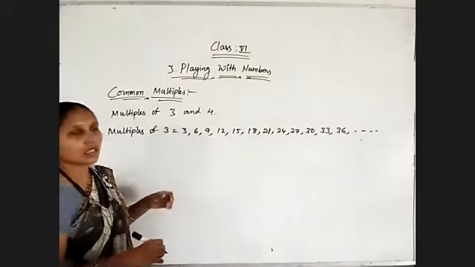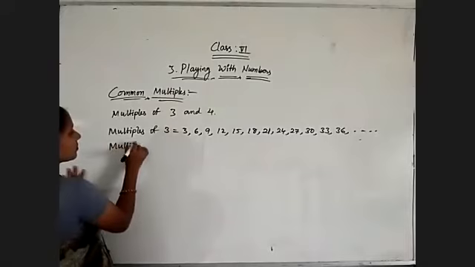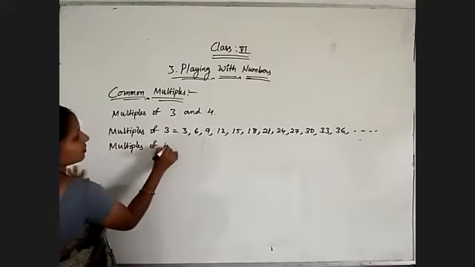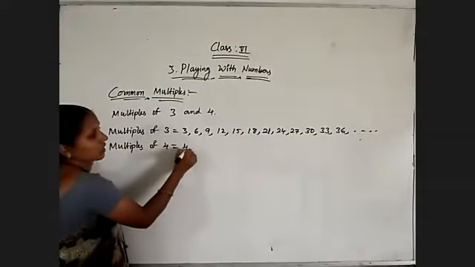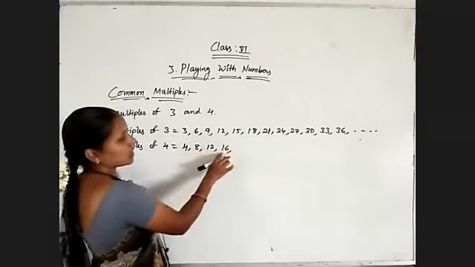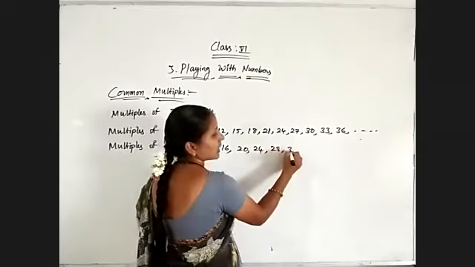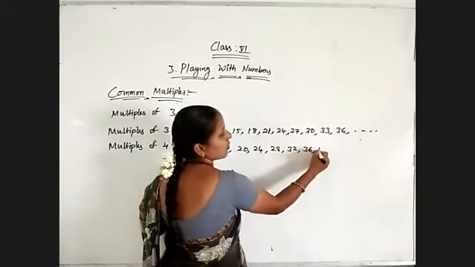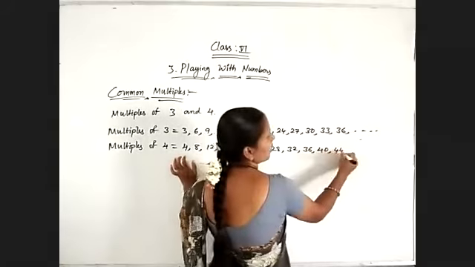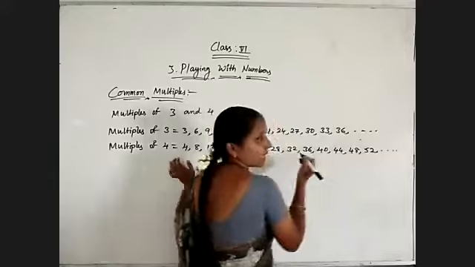Now write multiples of 4: 4 ones are 4, 4 twos are 8, 12, 16, 20, 24, 28, 32, 36, 40, 44, 48, 52 and so on.